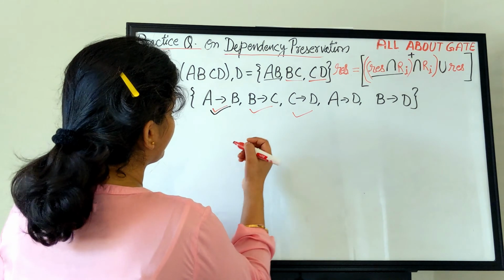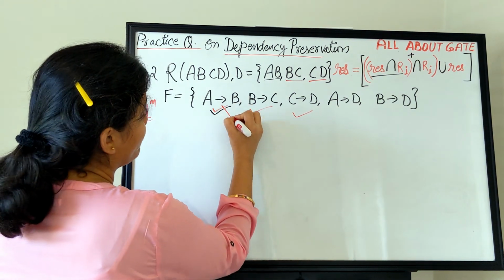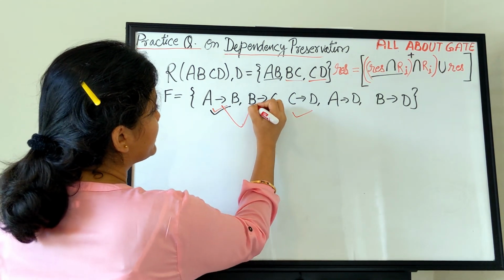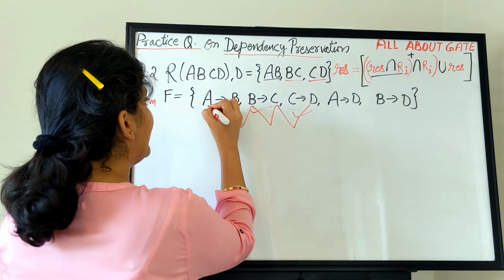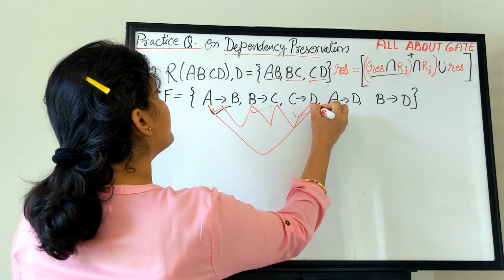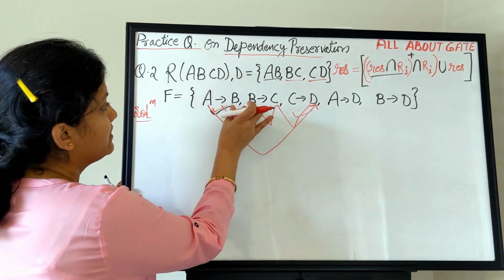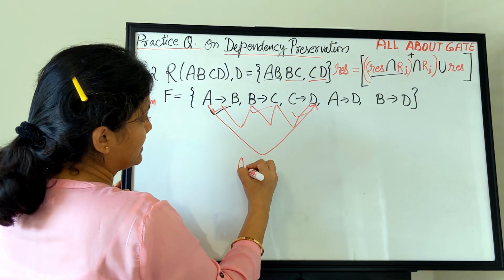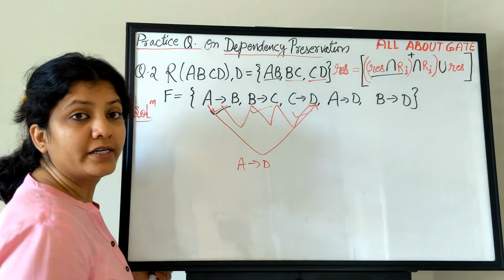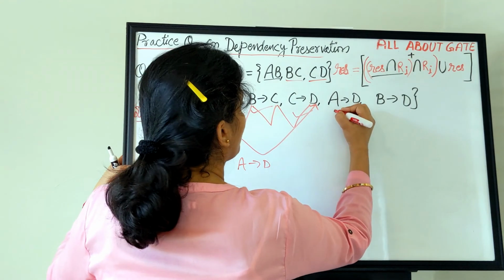If you look carefully, A determines the value of B, B determines the value of C, and C determines the value of D, and ultimately A determines the value of D. Because this is true, this is true, this is true, this is also true. So I can say that A determines the value of D, and so this one is also preserved.